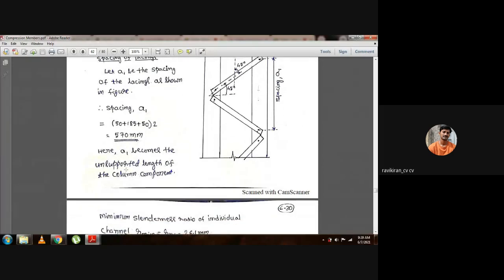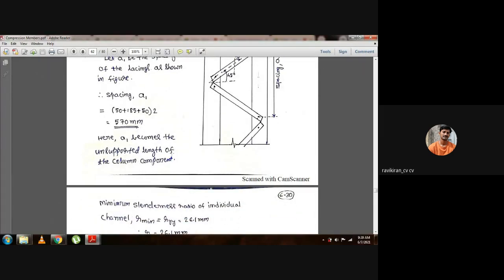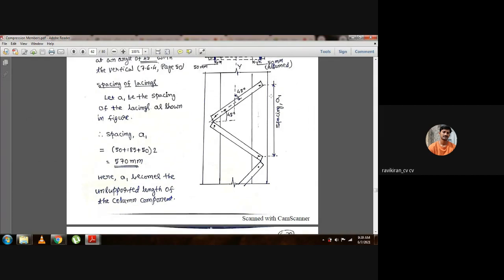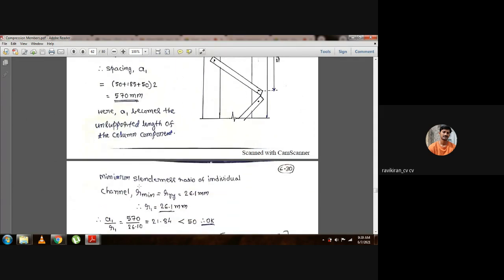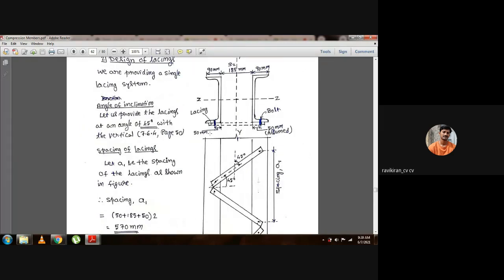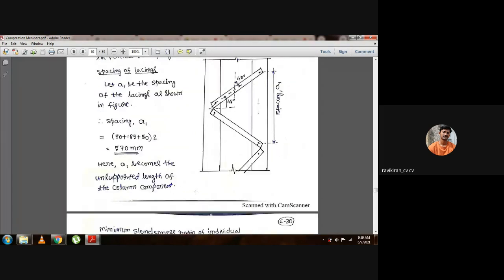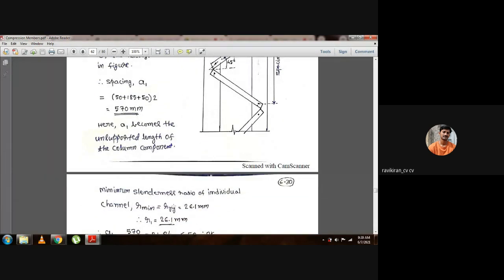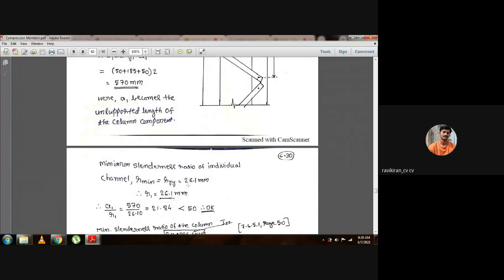And here A1 becomes the unsupported length of the column component. See, this is a distance of unsupported length. So let us move further. Minimum slenderness ratio of individual channel. See, individual channel, if you consider this channel, if you open ISMC 300 individual channel page in your code steel table, you will find 26.1 millimeter.